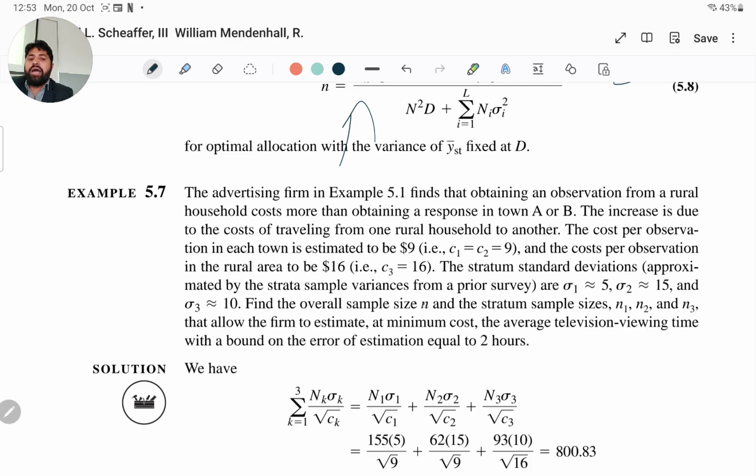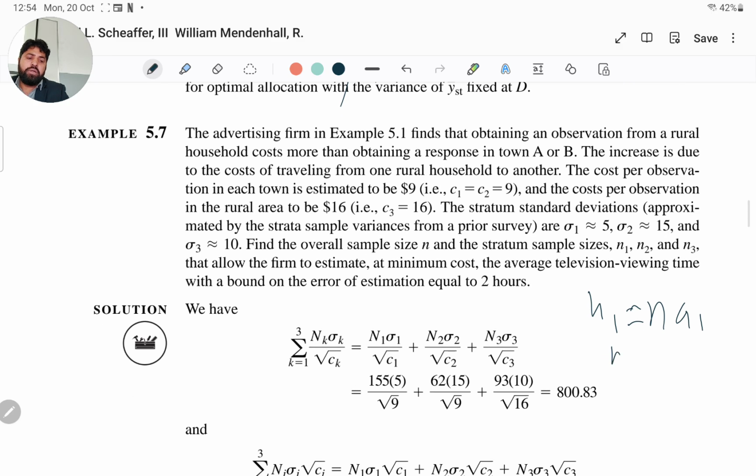So we have to estimate the sample size N, and the formula I showed you above, and the sample sizes N1, N2, N3. If you want to calculate N1, it means N1 is equal to N A1, N2 is equal to N A2, N3 is equal to N A3. So the point is that we need A1, A2, and A3.